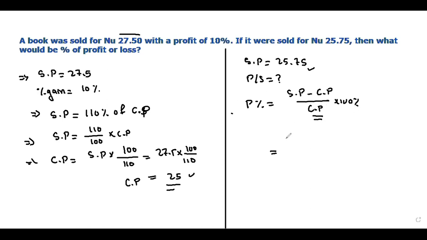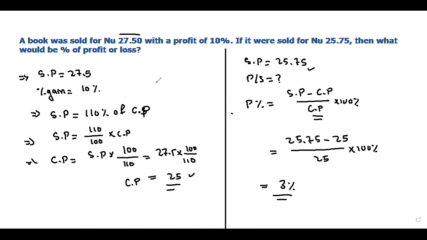So the selling price is 25.75. Minus 25, divided by 25, times 100 percent, which will give us 3%.